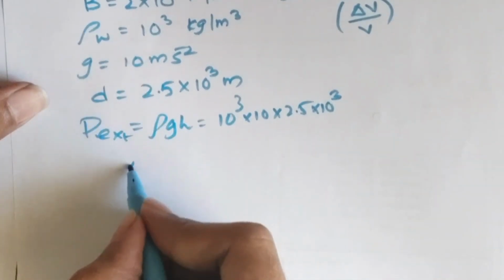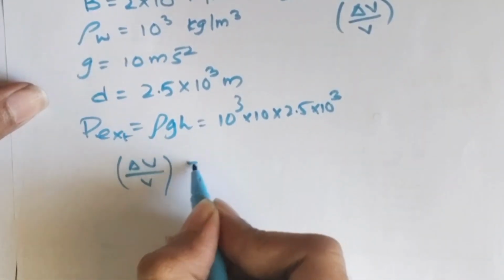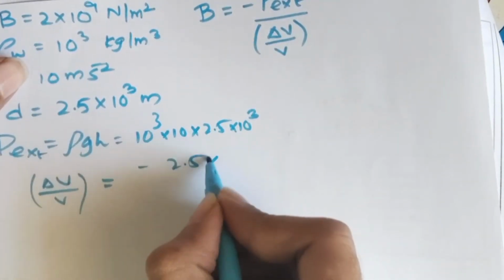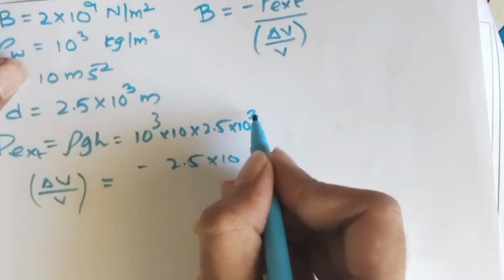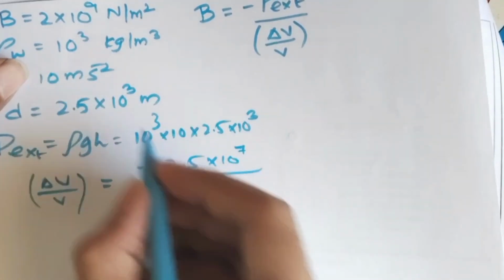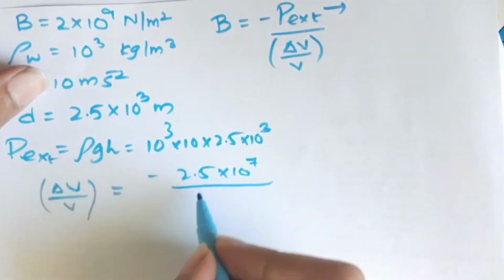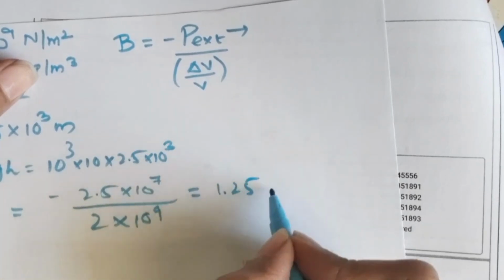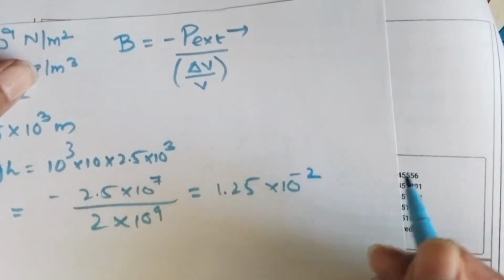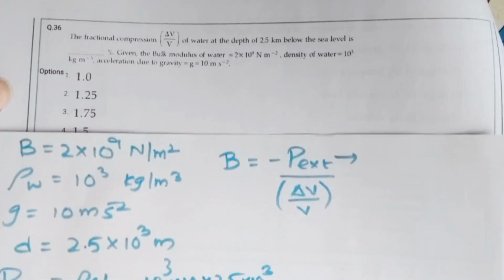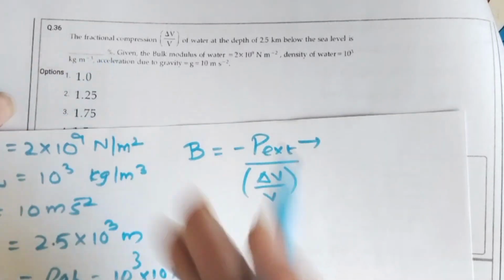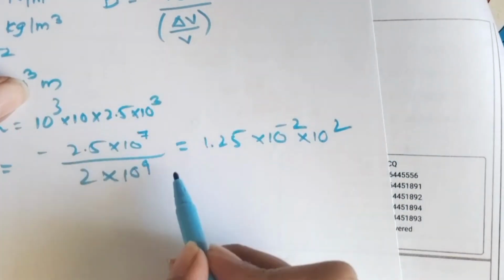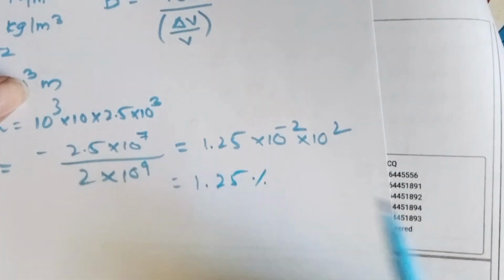So delta V by V equal to negative of P external, which is 2.5 into 10 power 7, upon the bulk modulus we have, 2 into 10 power 9, that is 1.25 into 10 power minus 2. He was asking in percentage, so we multiply with 100. So we are getting 1.25 percentage.